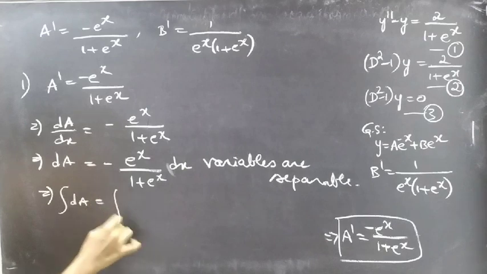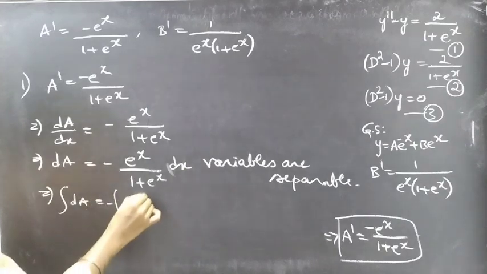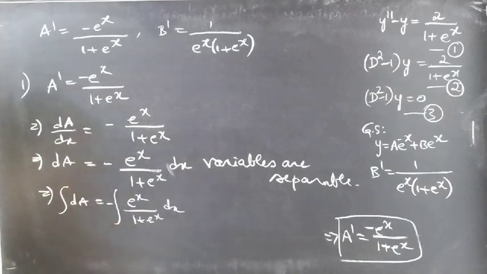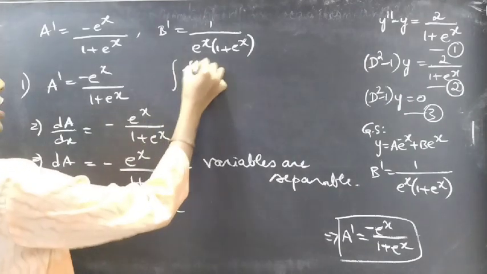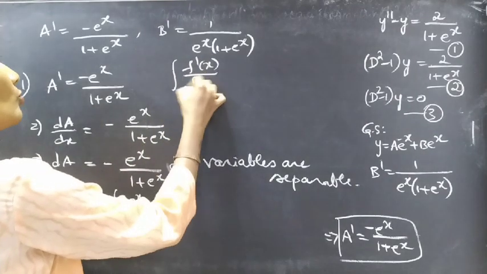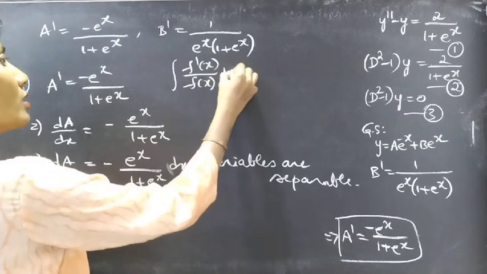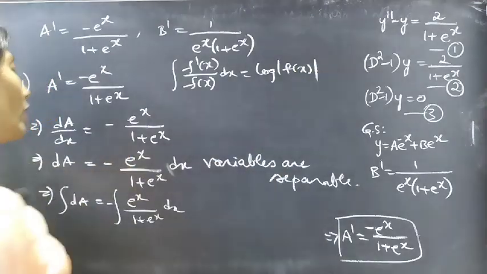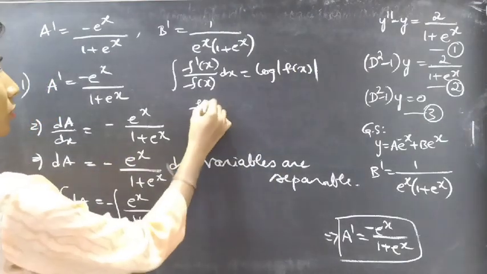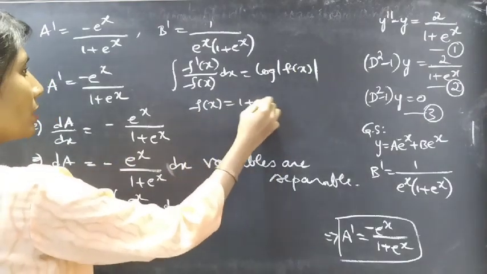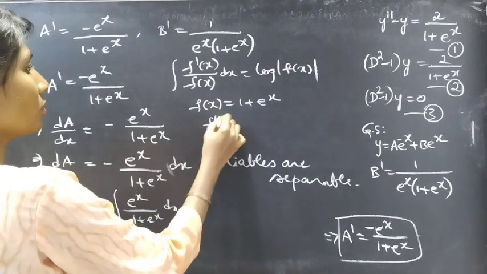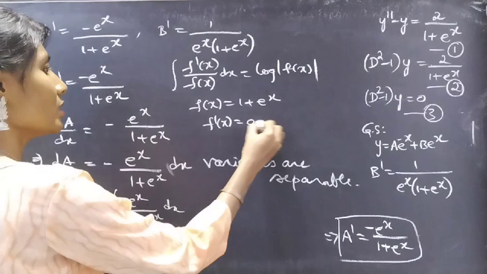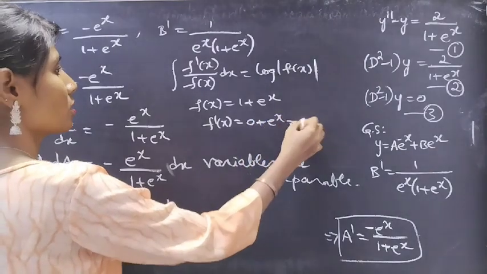Integral dA equals minus integral e^x/(1+e^x) dx. Since we know that integral f'(x)/f(x) dx equals log|f(x)|, if f(x) = 1+e^x, then f'(x) will be the derivative of a constant, which is 0, plus the derivative of e^x, which is e^x.